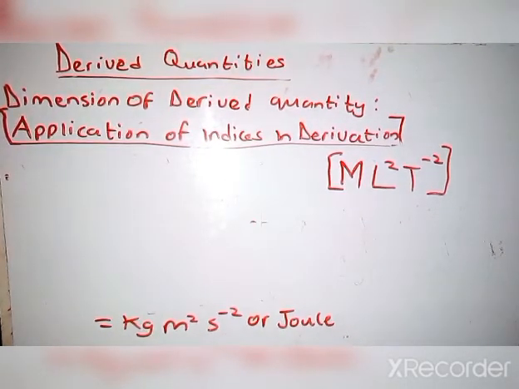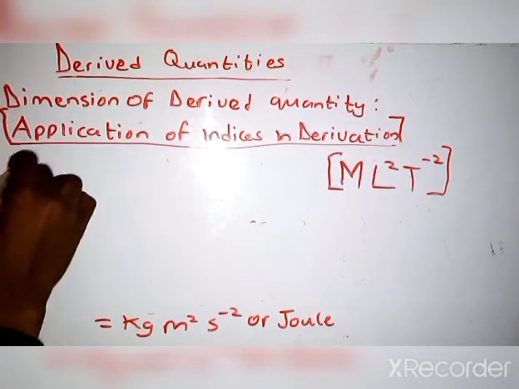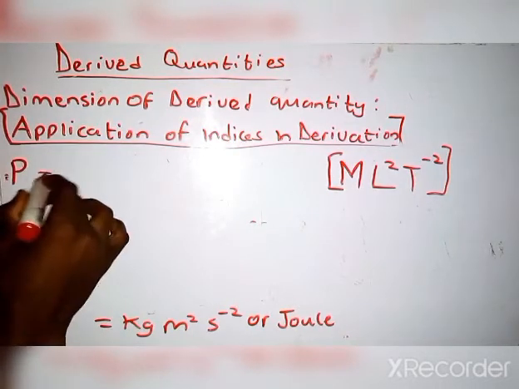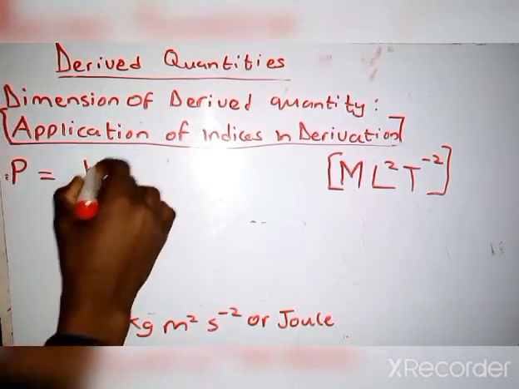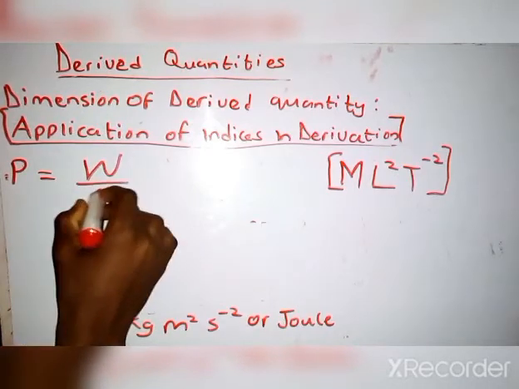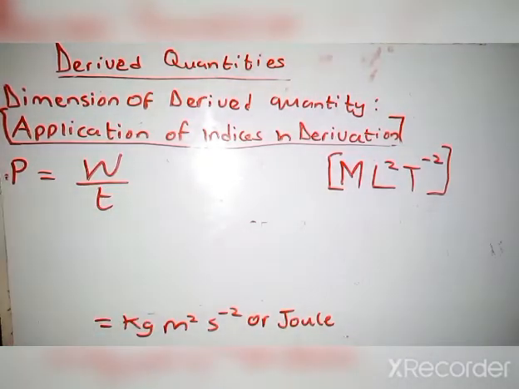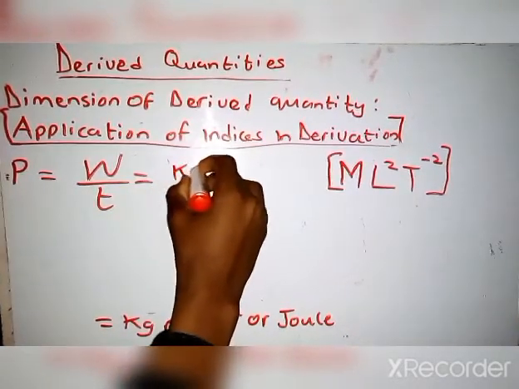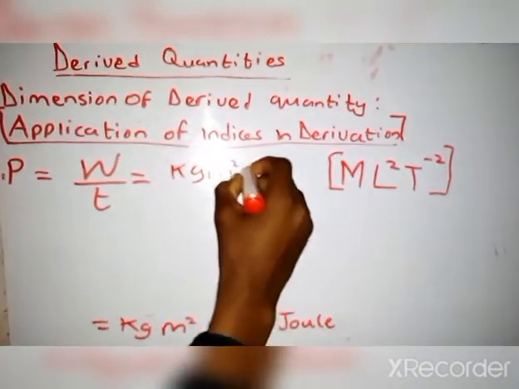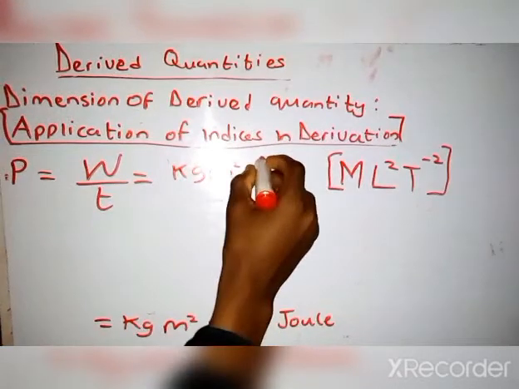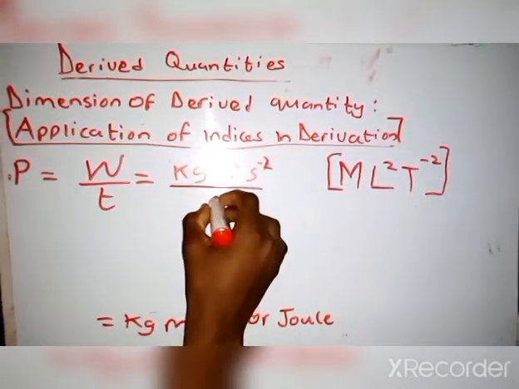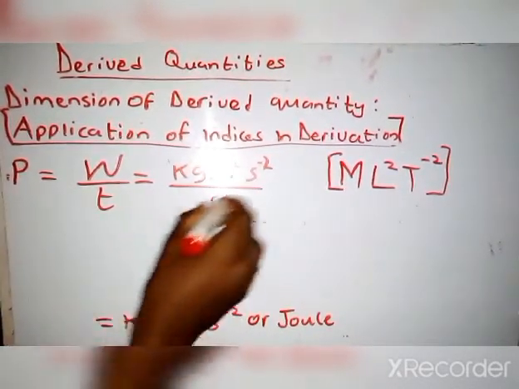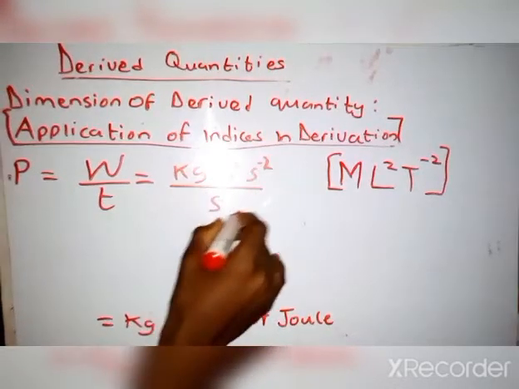So the last one we'll be doing is power. Power is equal to what? Work done or energy expended over time, or per unit time. Since we know our work done is kilogram meter square per second square, divided by time s, to write this we apply the law of indices, division method.